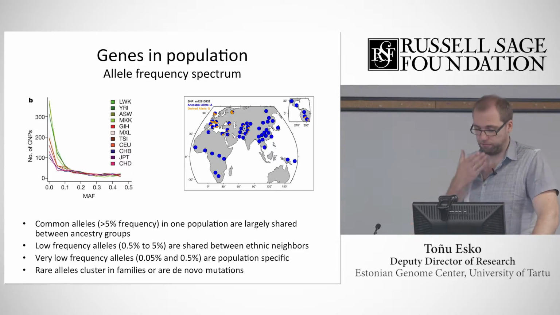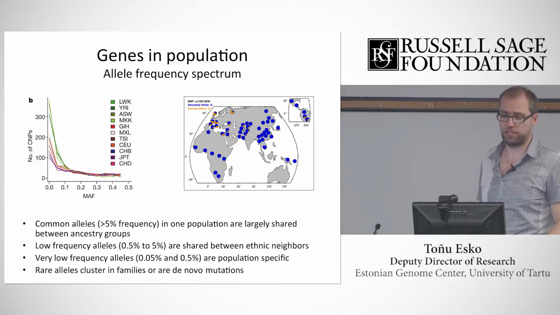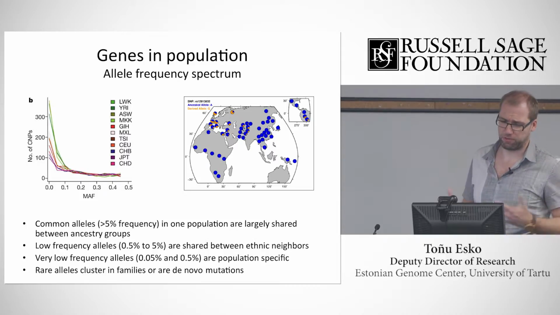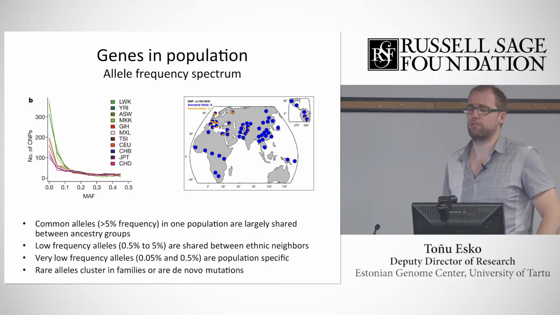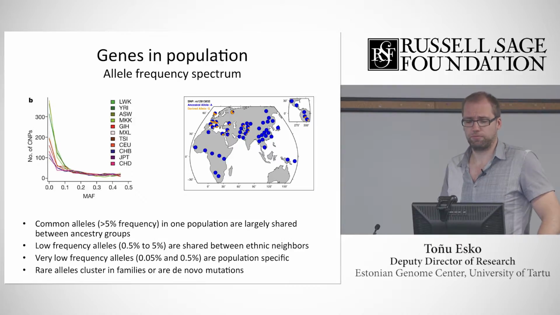So this is the graph for the 1,000 Genomes project, where they studied 2,500 people across the world, from, I think, 25 different populations. They sequenced the genome, so they captured most of the genetic variation.